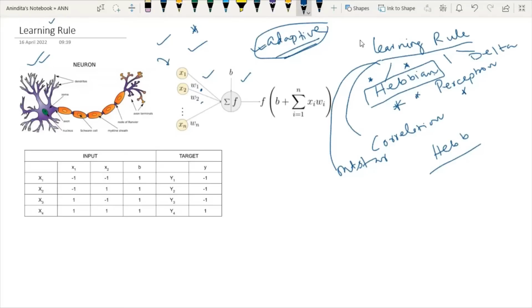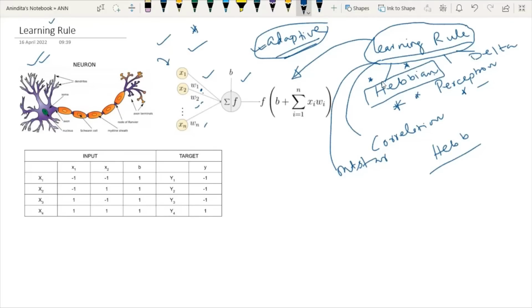On the other hand, what is the perceptron learning rule? See, in the perceptron learning rule, the network starts its learning by assigning a random value to each and every weight. So what is the conclusion up to this? Whenever we are talking about any learning rule applied on a neural network, this learning rule is meant for adjusting the weights.